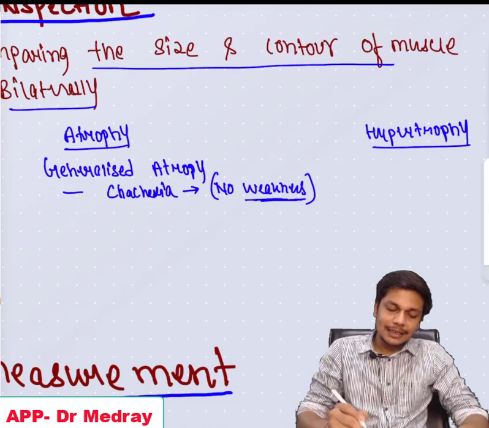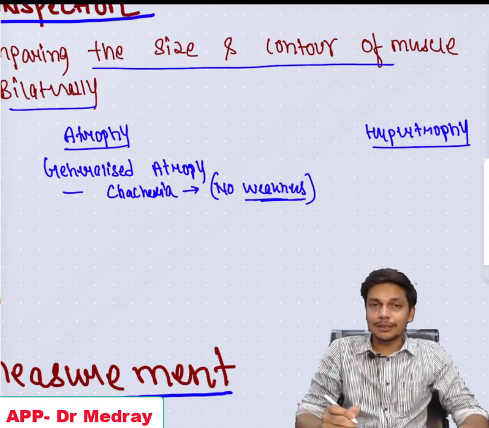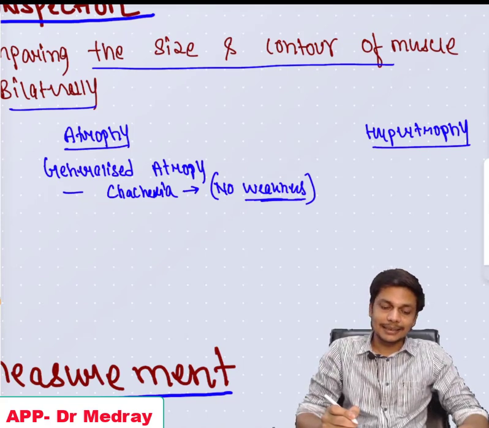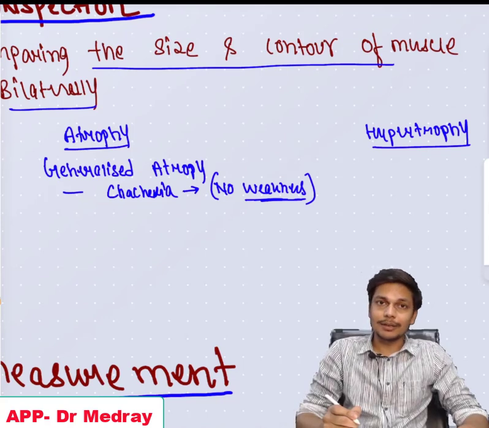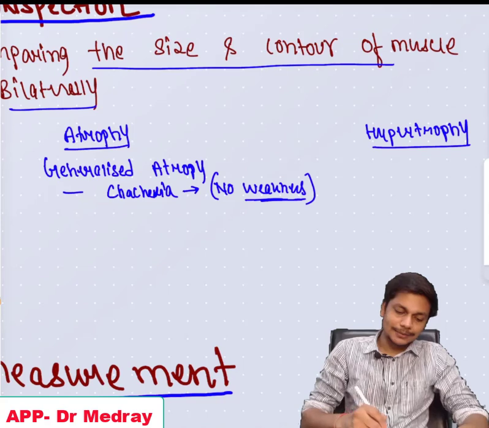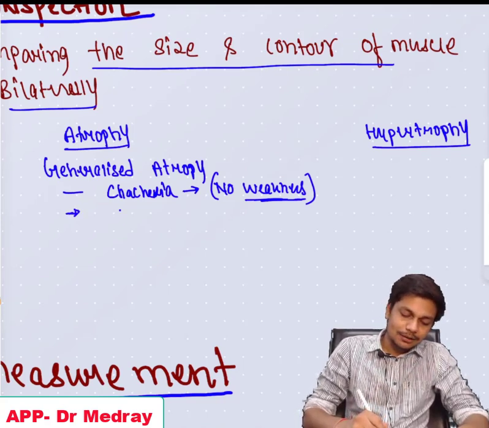So atrophy along with weakness suggests a neurological disease, whereas if the patient only has generalized loss of muscle volume, with no weakness or normal power, then it might not suggest a neurological disease. Sometimes generalized atrophy can be seen in a patient of thyrotoxicosis.